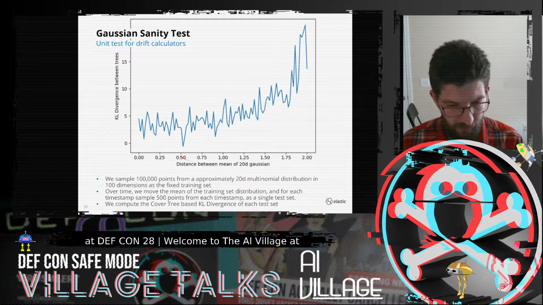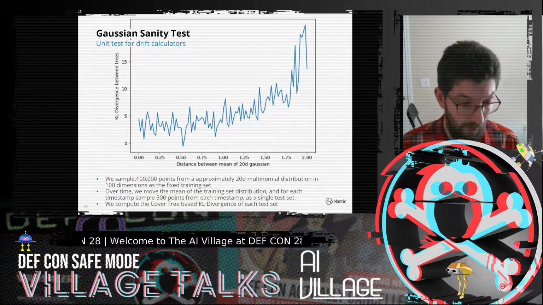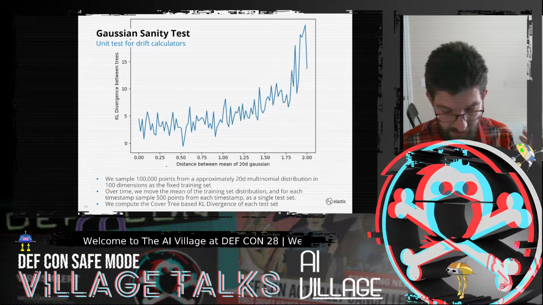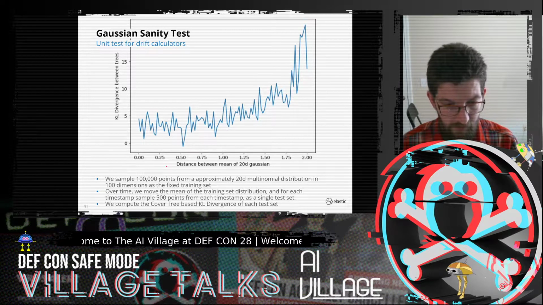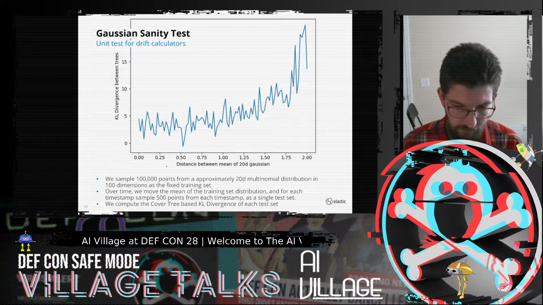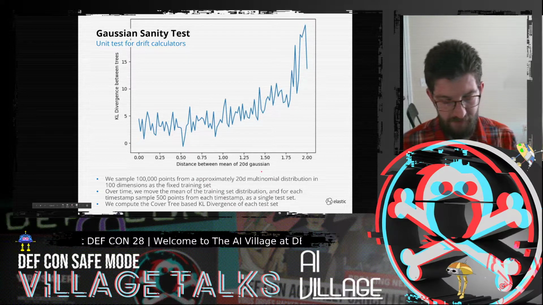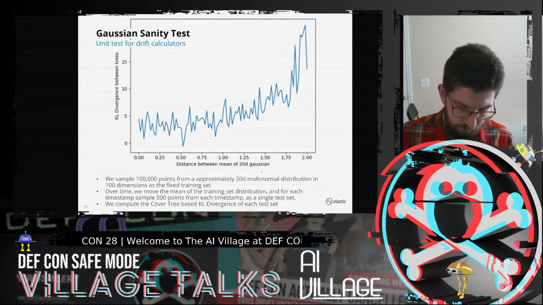What I did was take 100,000 points from one distribution. This distribution was centered at 0 in 100 dimensions and had a covariance matrix of about 1s. And I sampled 100,000 points, and I got basically a big blob of points.